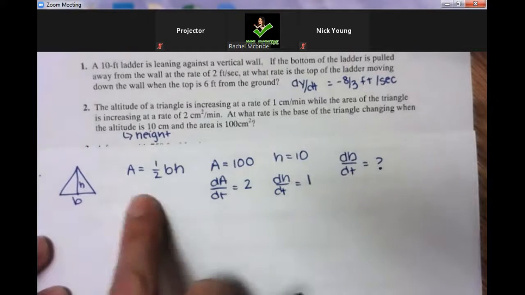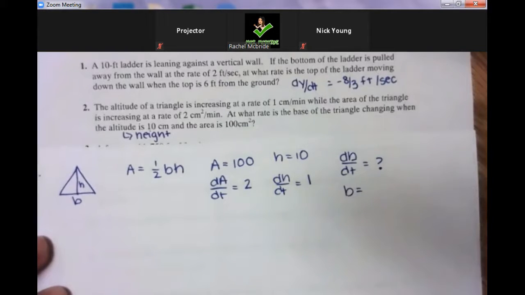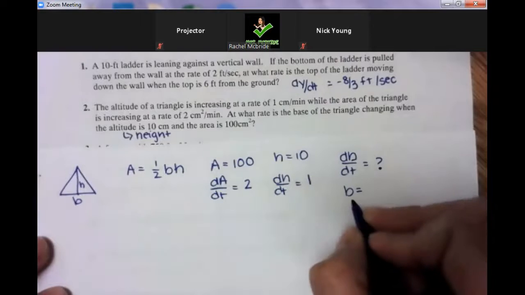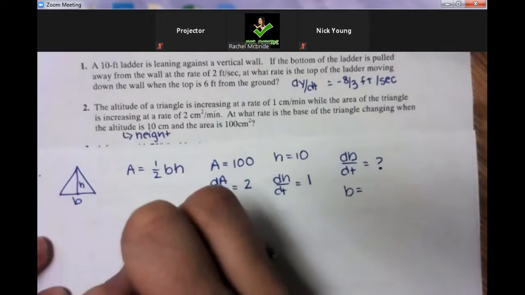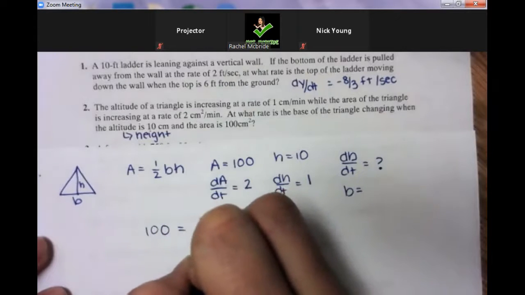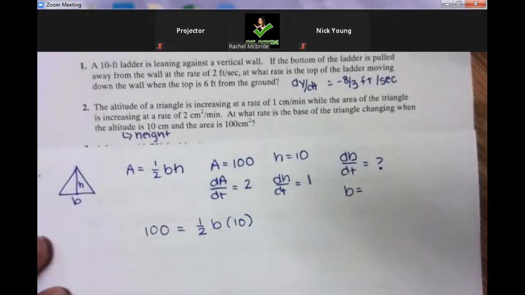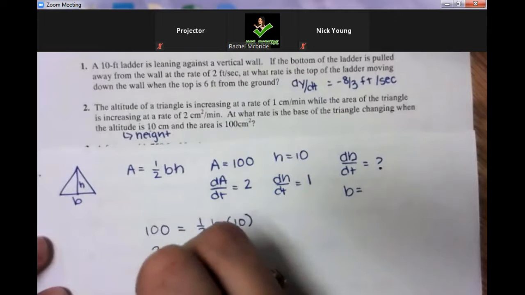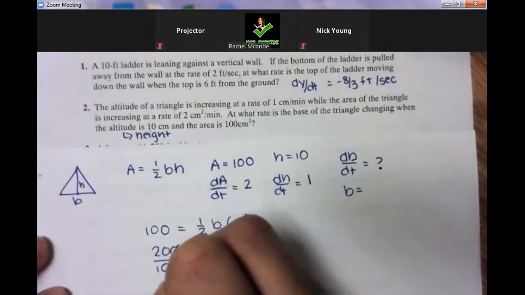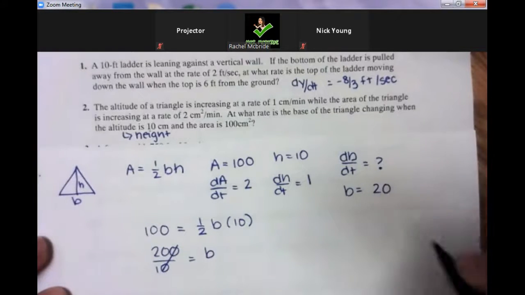So in order to be able to do this, what other piece of information do I need to calculate? I need to find the base before I could find dB/dt. So I'm going to use 100 equals 1/2 base times 10 to work backwards and solve for base. So it's kind of like 200 divided by 10 equals B, or B equals 20.